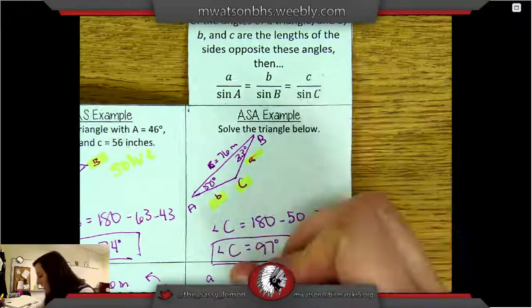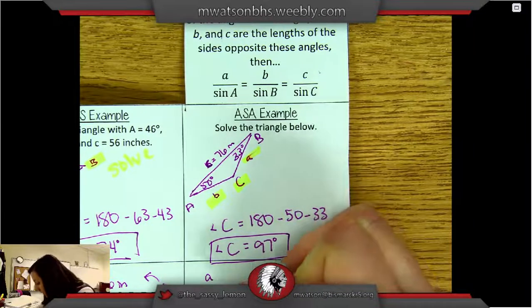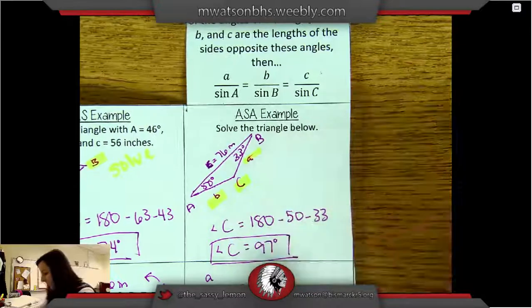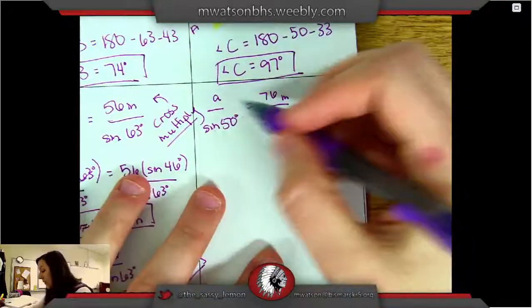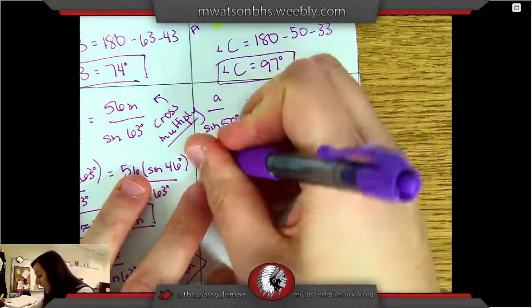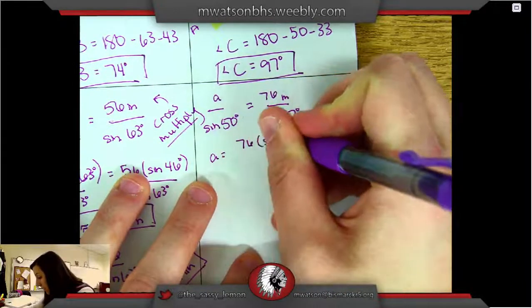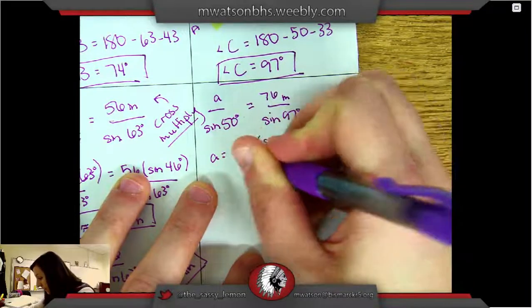So we'll do 76 meters over sine of 97 degrees. And at this point we solve, so we cross multiply and divide. That means A is going to be 76 times sine of 50 all over sine of 97.